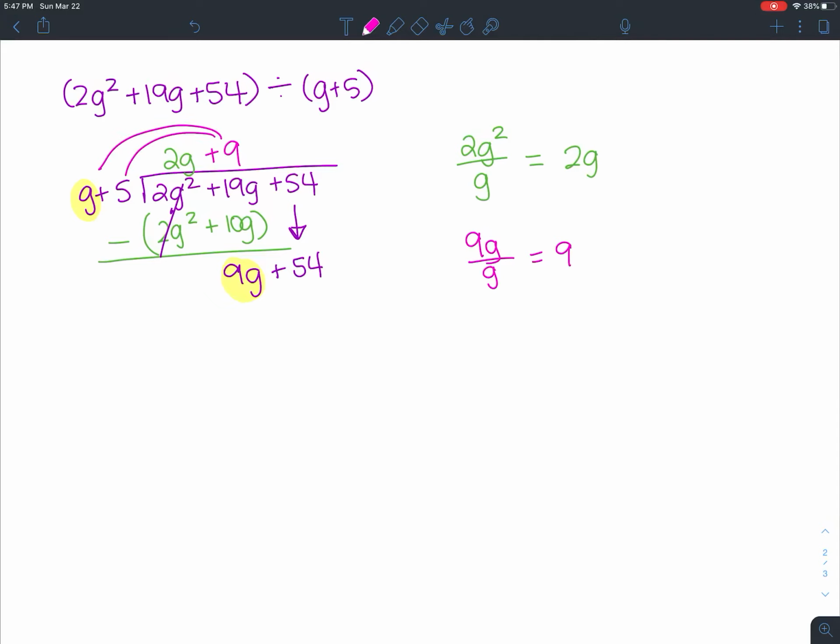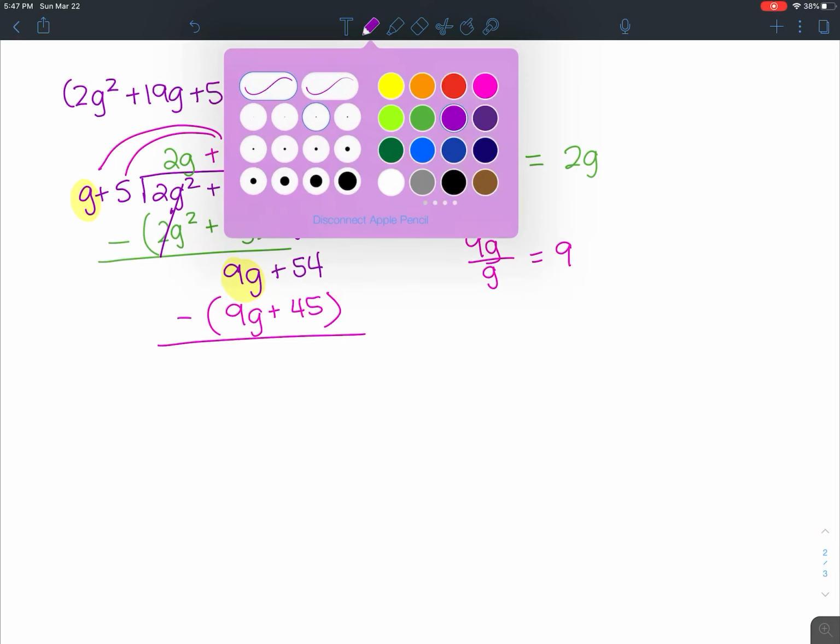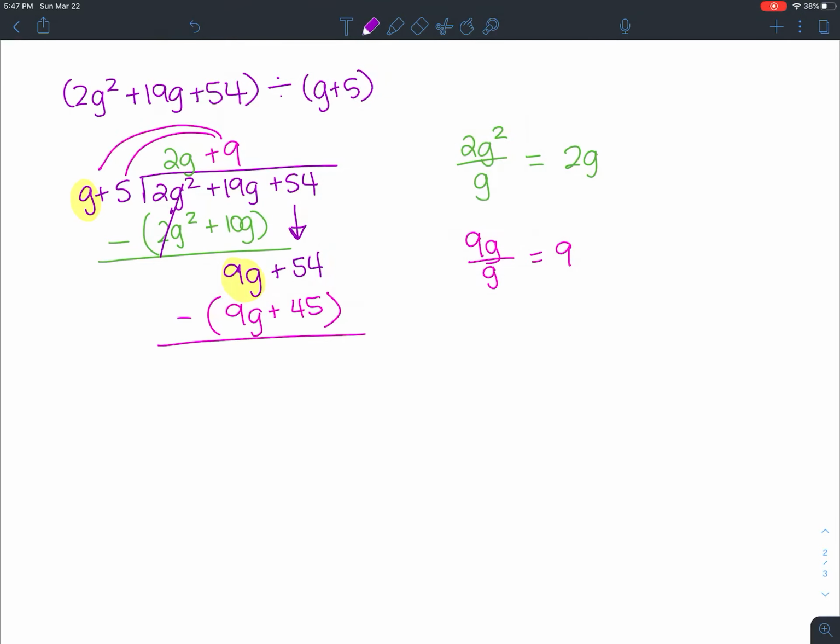I'm still going to multiply that by both, so I get 9g plus 45, and I need to subtract to find the difference. 9g minus 9g is 0. 54 minus 45 is 9.